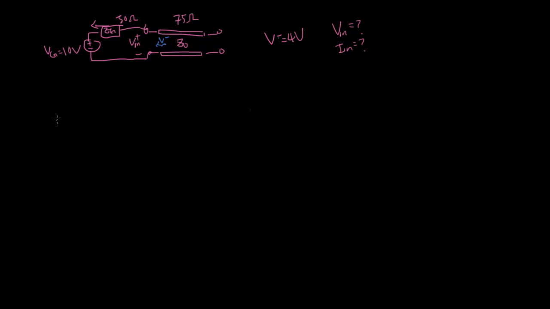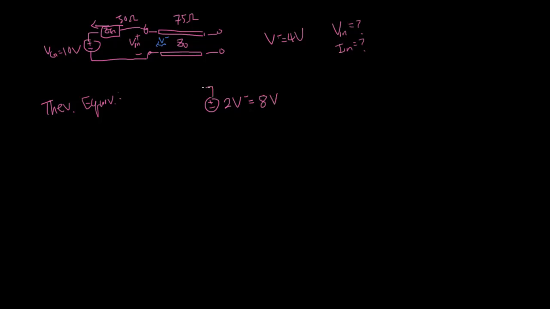So let's start by using the Thevenin equivalent approach. When we do that, remember, the formula is we draw a generator with the equivalent voltage that's double the exiting wavefront, so 2V minus, which is equal to 8 volts.